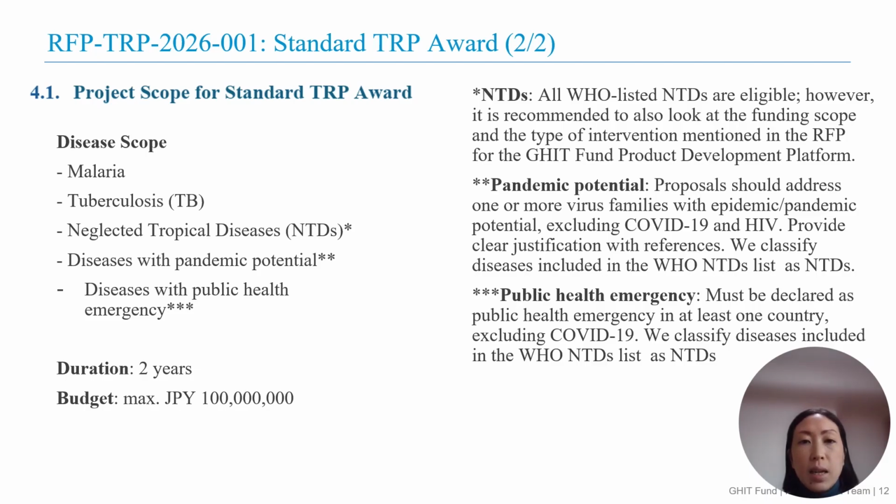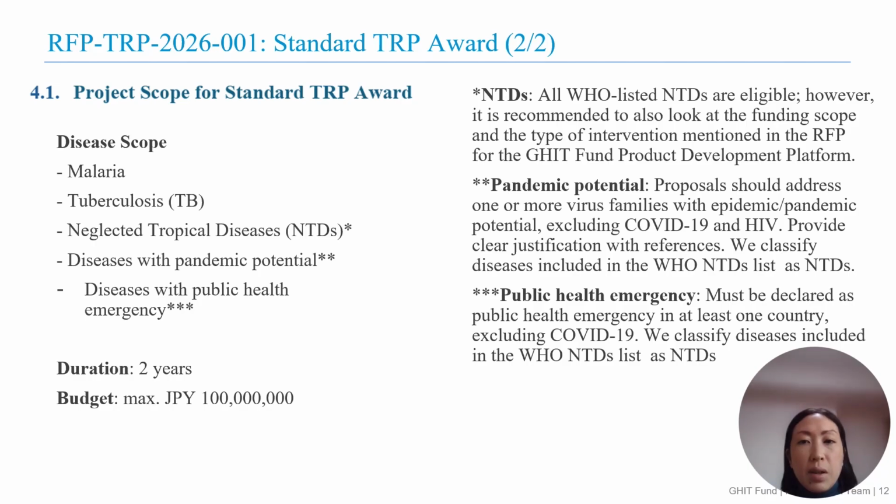If the disease is included in the NTDs, for example dengue or Zika, we classify your target disease as NTDs. Projects focusing only on COVID-19 or HIV are out of scope. Again, this applies to other award types and also to the product development platform.